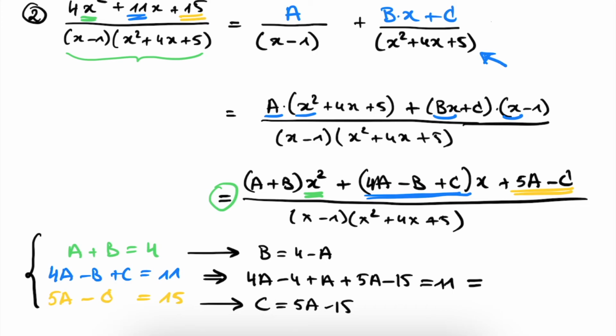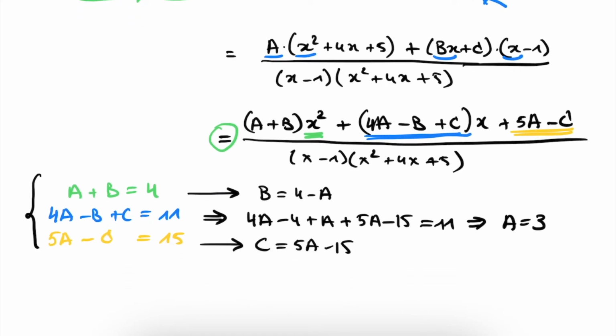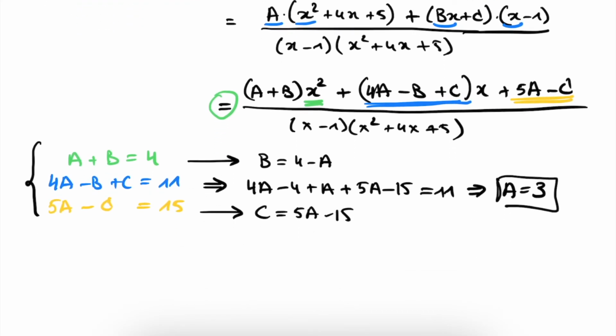And this equation directly gives us that a is equal to 3. And a is equal to 3 directly gives us an expression for b, because we have that b is equal to 4 minus a. So we get that b is equal to 1. And a is equal to 3 can also be directly filled in this equation. So we get that c is equal to 0.